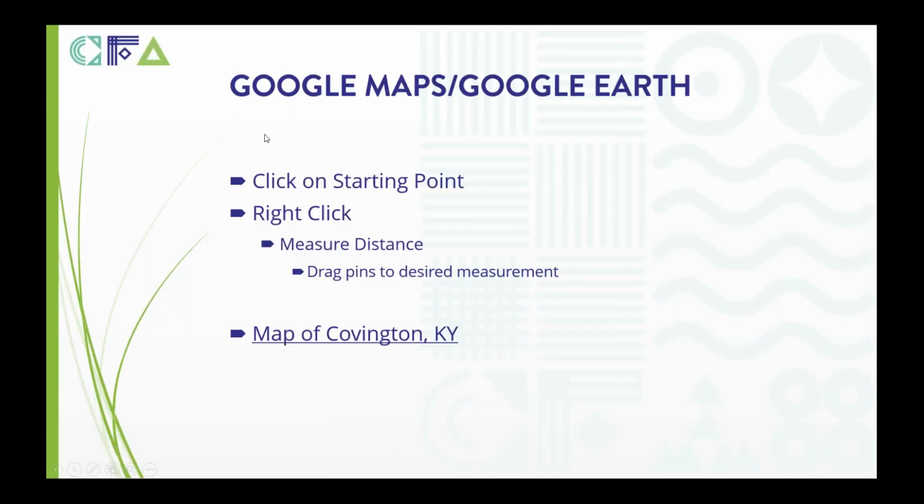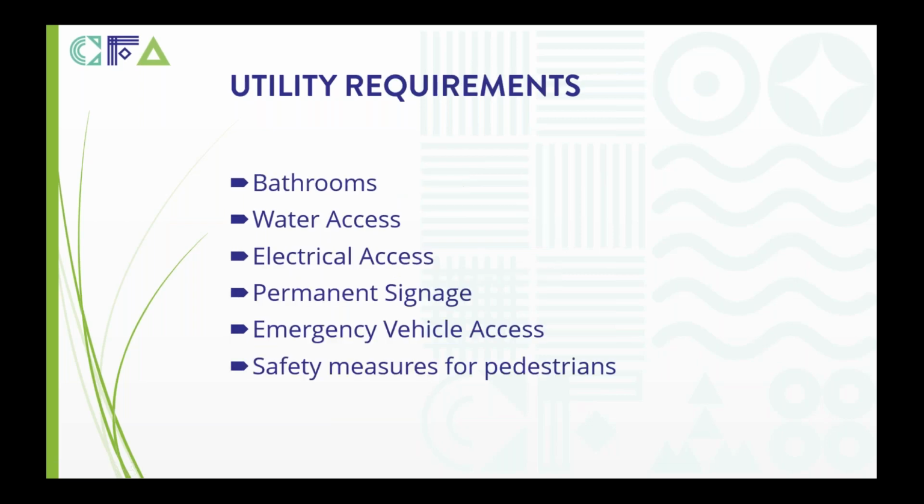I've given you a couple of instructions here, but it's a helpful way to sort out some of the dimensions. The next thing you really want to consider when you're considering a new location is: are there bathrooms available? If not, are there any nearby businesses that you could work out an arrangement with for bathrooms?